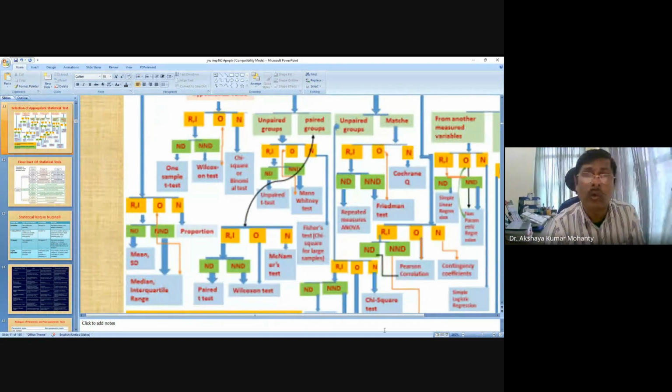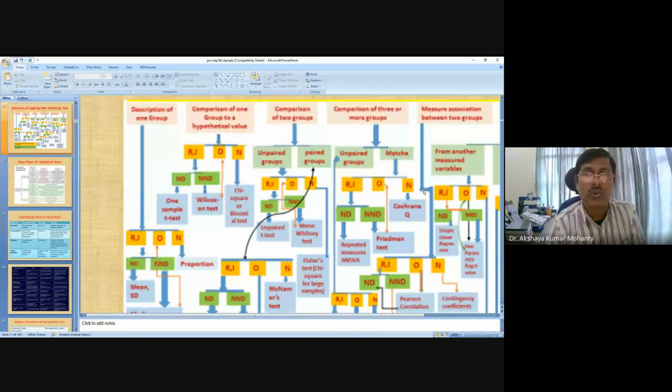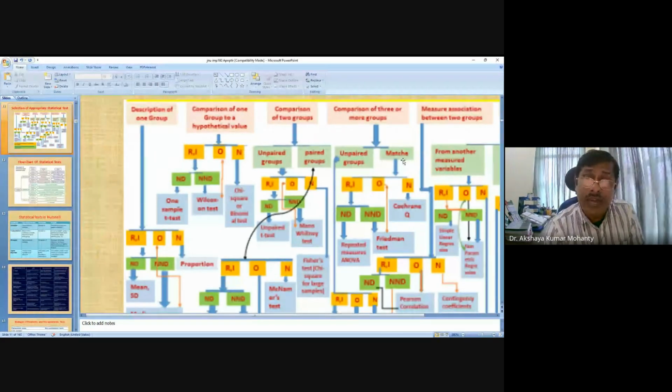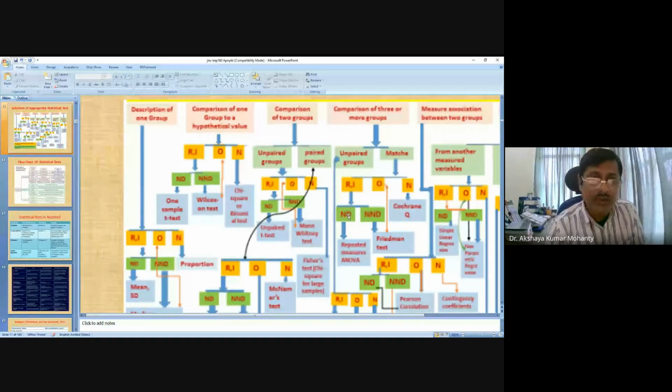Now the unpaired case is finished. Now the matched one, that means the paired one. Same thing: ratio, interval, ordinal and nominal. If it is ratio or interval, it will have either normal or non-normal distribution. If it is normal distribution, repeated measures ANOVA will come, so it is a parametric test.